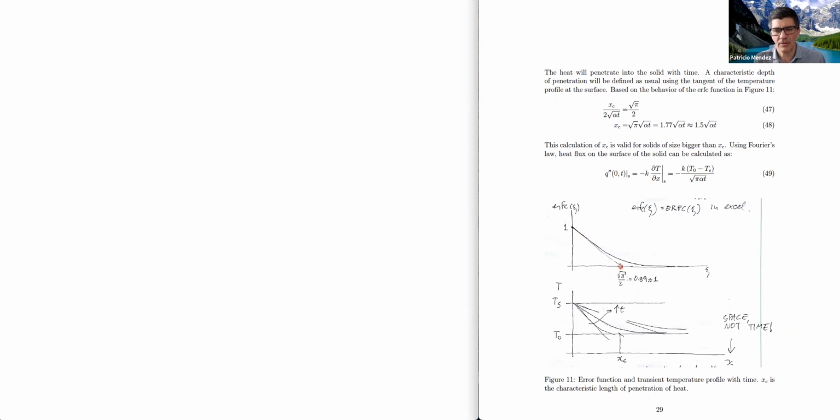And this is our characteristic value for the error function, complementary error function, which means now we can define a characteristic penetration of heat. So if I take this, this was just error function, and this is a graph down here, a graph in which I have temperature versus depth under the surface. The coordinate x is the depth under the surface. X equals 0 means surface.